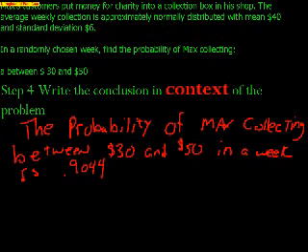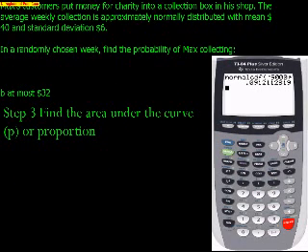So for this problem, I'm only going to do step 3, and it says at most $32. At most. So is at most a greater than or less than problem? That's what you have to ask yourself. So I know that it looks something like this when I start writing it out.